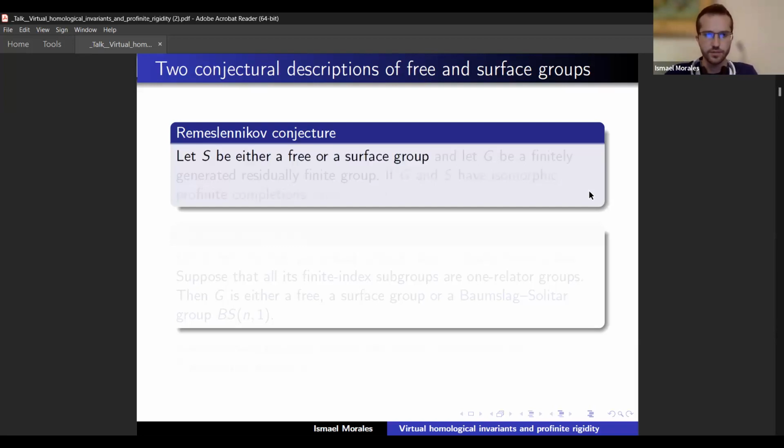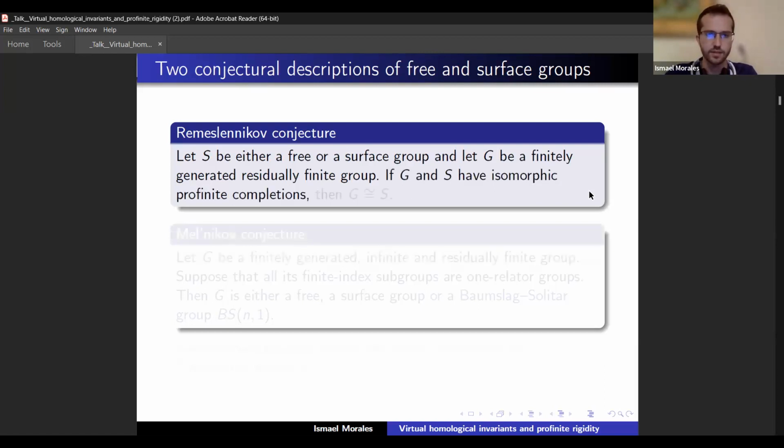One is Mess's conjecture, quite well known, that states as follows: let S be a free or surface group, and let G be a finitely generated residually finite group. The conjecture is that if G and S have isomorphic profinite completions, and this just means that they have the same collection of finite quotients, then they are isomorphic.